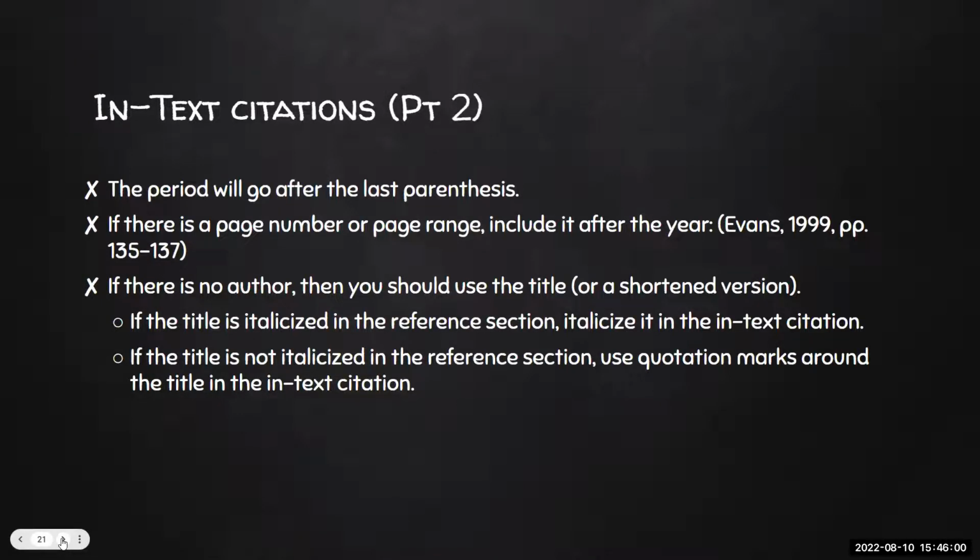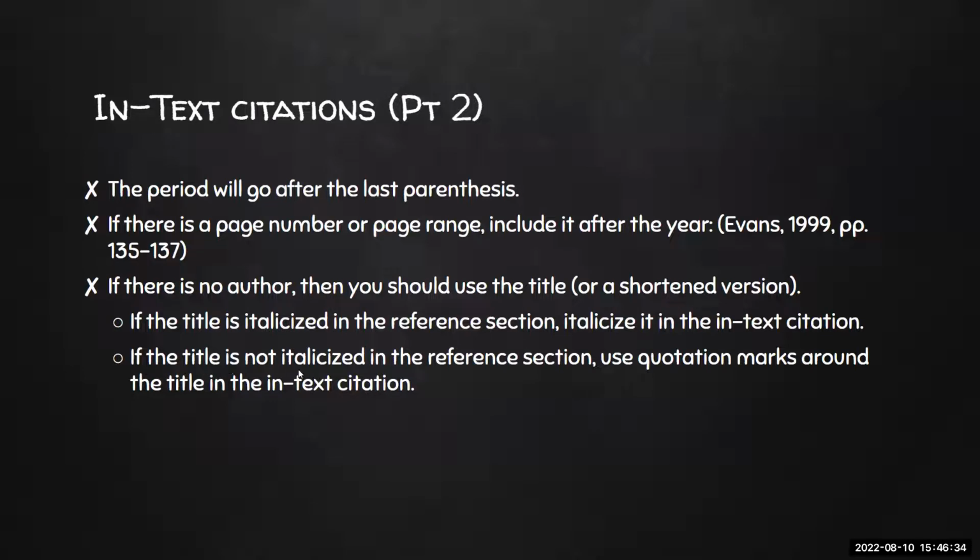If there is a page number or a page range, you will also include that in your in-text citation. So here we have the last name, comma, the year, comma, and here we have the page range, 135 to 137. If there is no author, then you will just use a shortened version of the title. One key point, if the title is italicized in your reference section, then you will italicize it in the in-text citation.